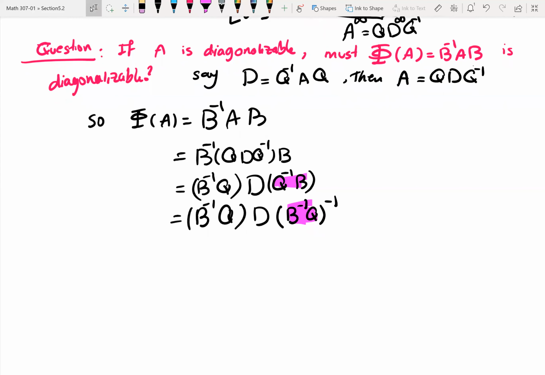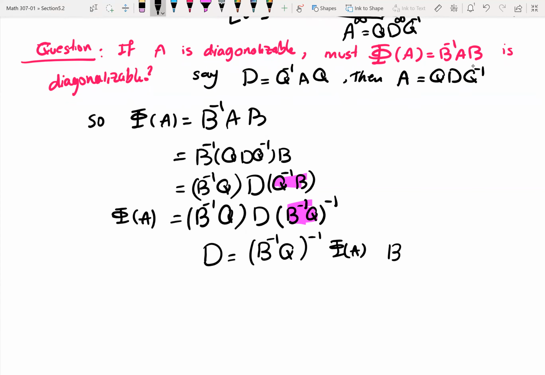And that is really the diagonal matrix I need, right? So the diagonal matrix that I need for this case is just going to be B inverse Q inverse A, whatever my transformation is, and then B inverse Q. It's just a really nice way of writing the transformation.